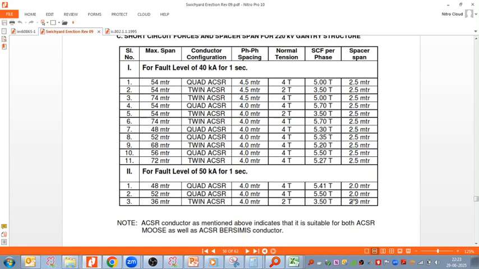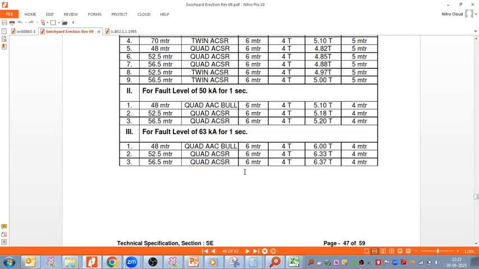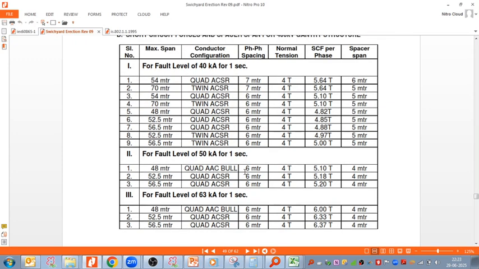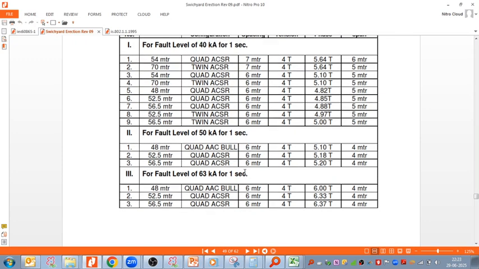Ashwin? Sir, actually, I have done one project in that. One second, I'll tell you. We have taken 2 meters. This was for 220 kV.